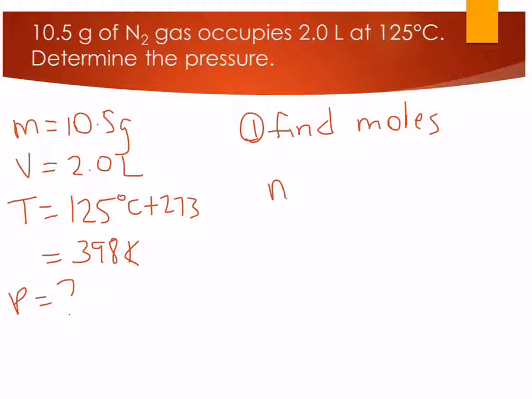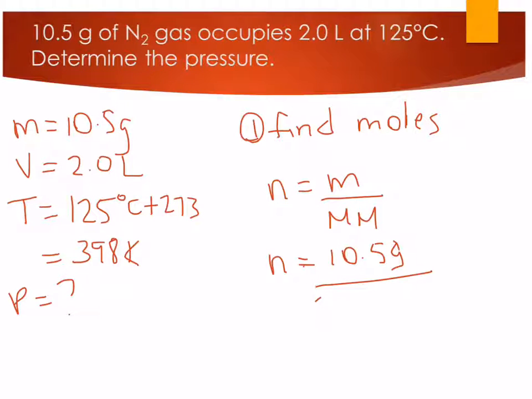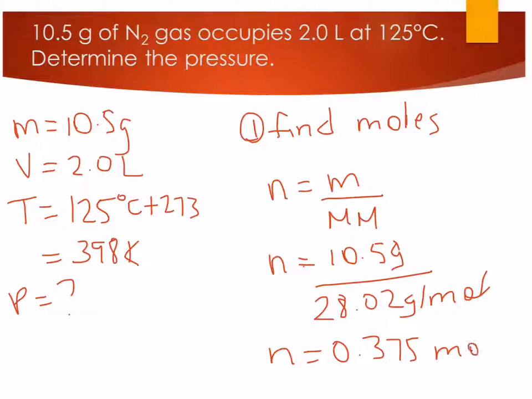We're going to do that by using our moles equals mass divided by molar mass formula. So for our moles, we have 10.5 grams divided by the molar mass for nitrogen gas, 28.02 grams per mole. So we get 0.375 moles.